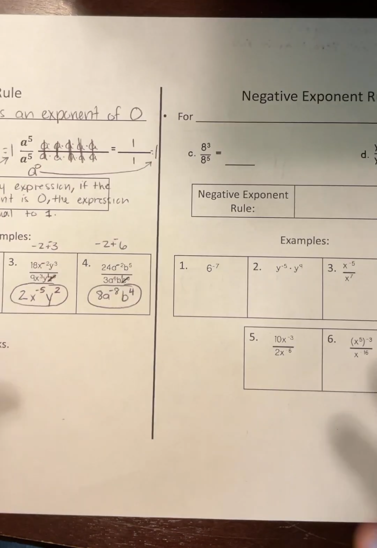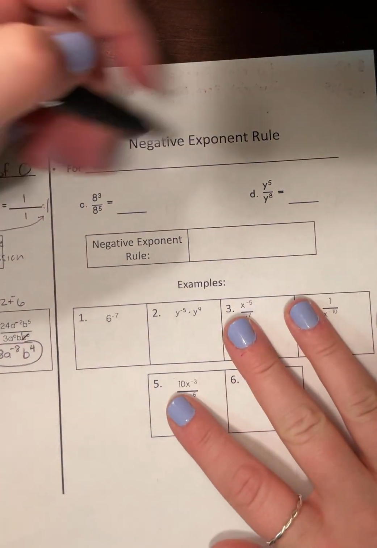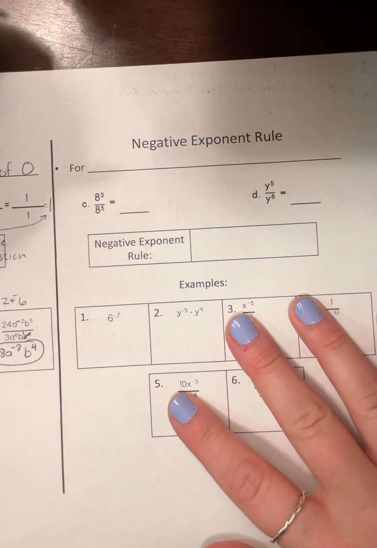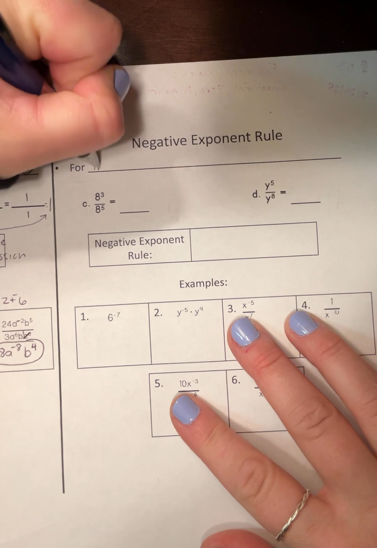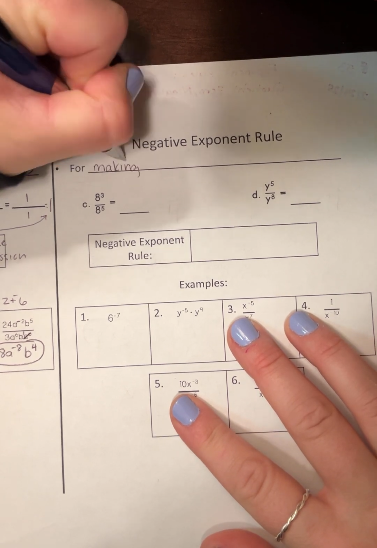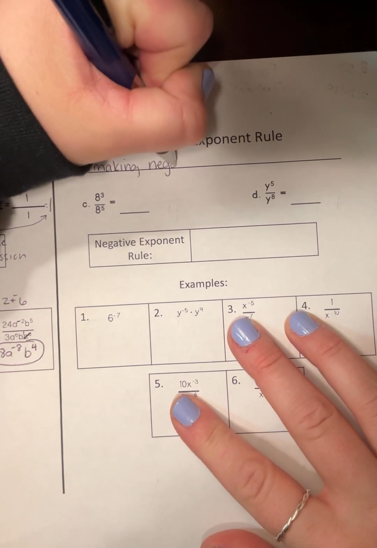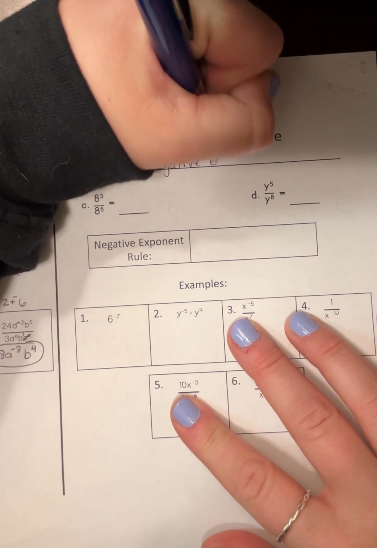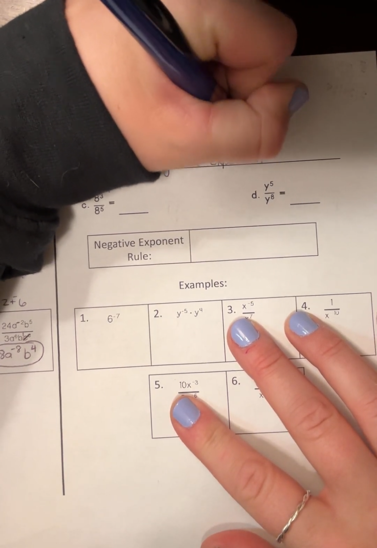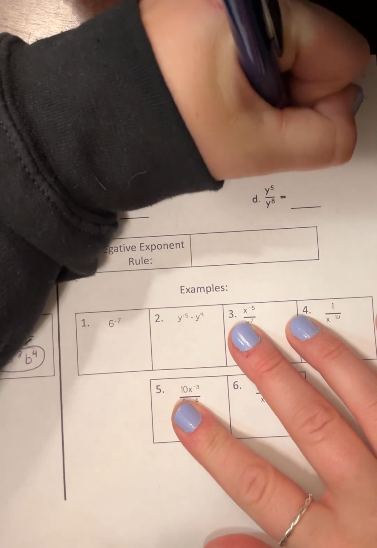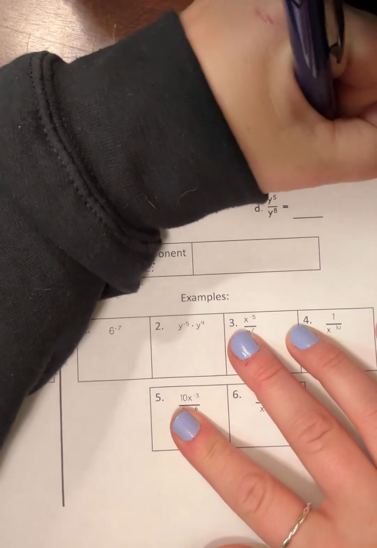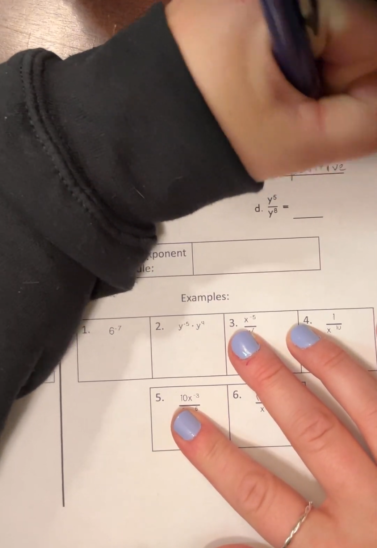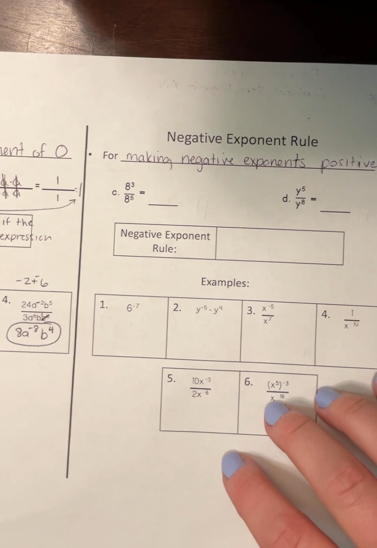But the negative exponent rule is for making negative exponents positive.